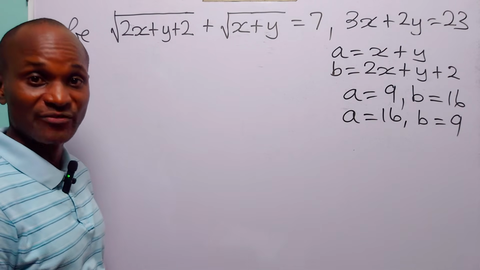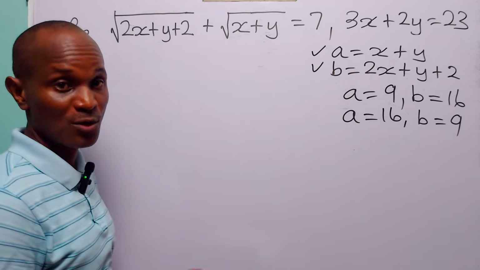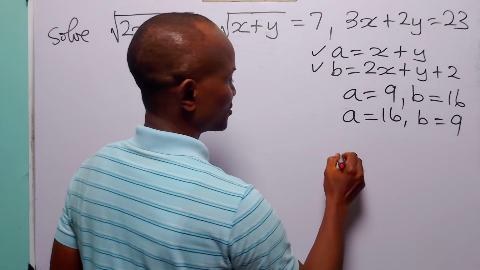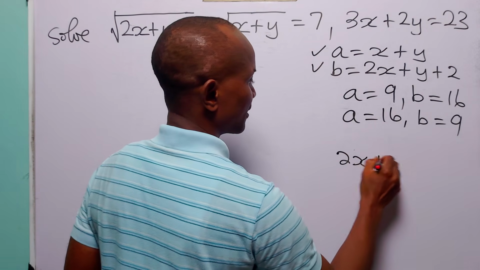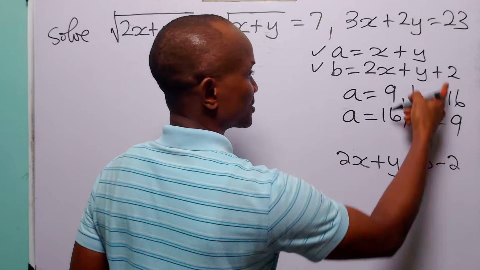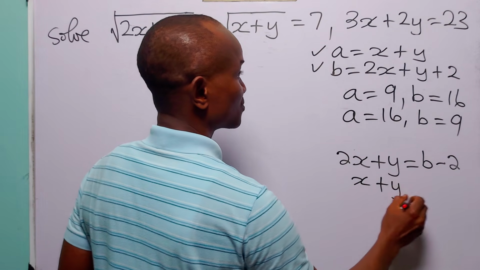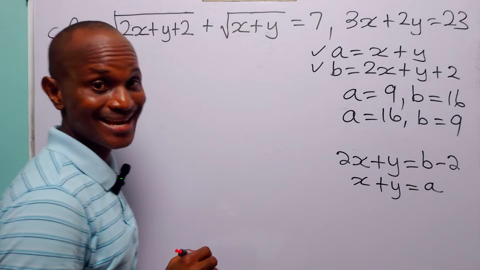And finally, to find the values of x and y, we go back to these two substitution equations. From the second equation, we have that 2x plus y is equal to b minus 2. And from the first equation, we have that x plus y is equal to a.